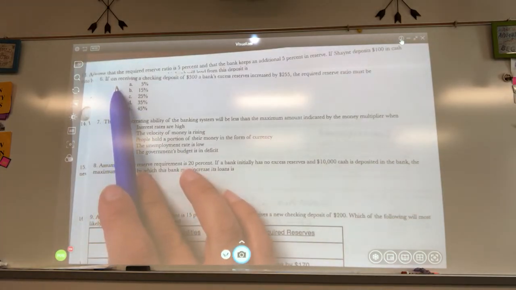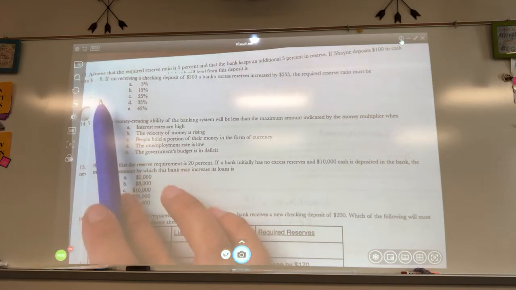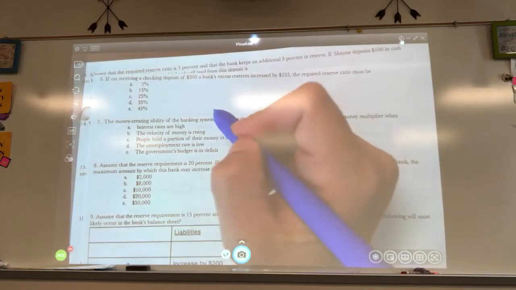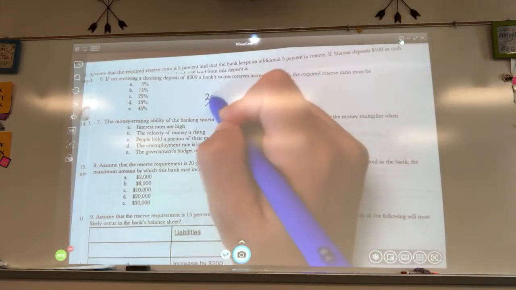If on receiving a checking deposit of $300, a bank's excess reserves increased by $255, the required reserve ratio must be what? This is asking me to work it backwards. Let me show you how to work all of this backwards. So how much was my deposit? 300.